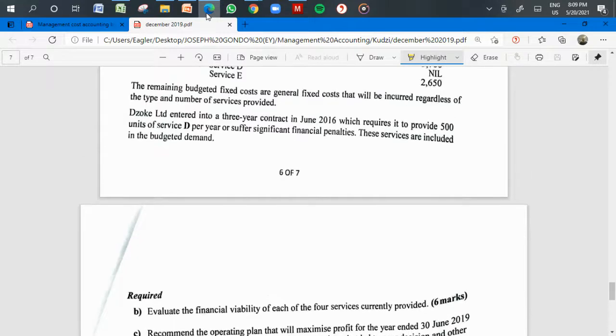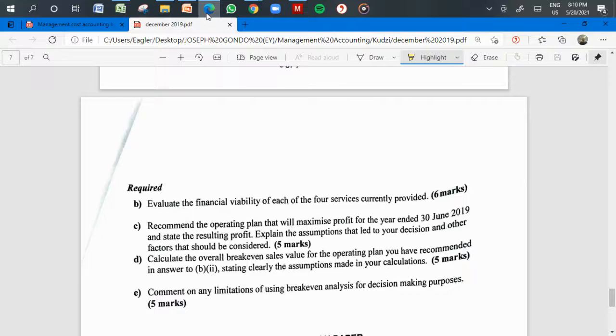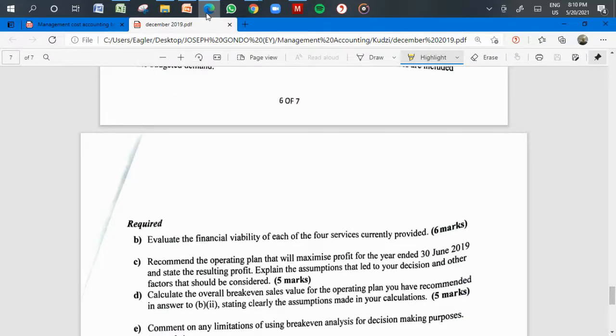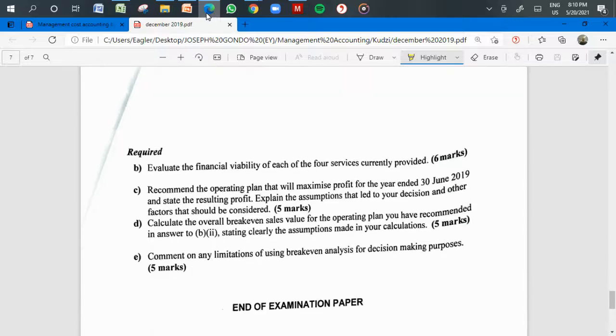That one is just calculating; in this case you need those absorption versus marginal costing skills. Number E is comment on any limitation of using break-even analysis for decision making. That question is always there whenever you have a cost profit volume analysis, and that is exactly what I was talking about.